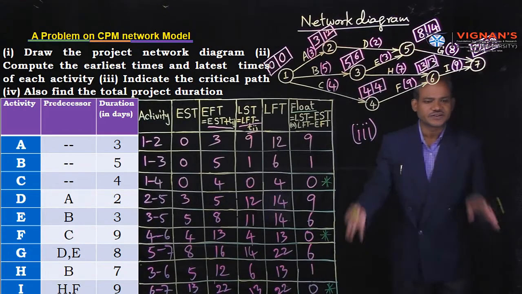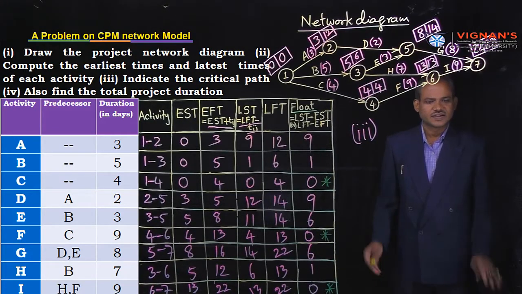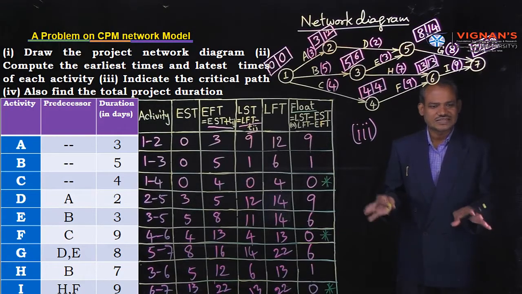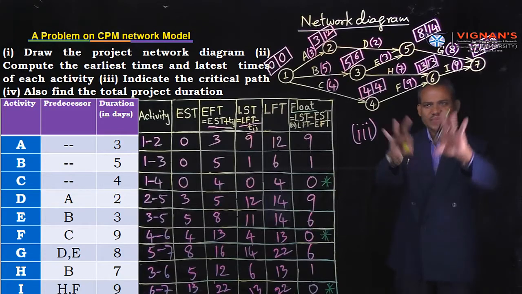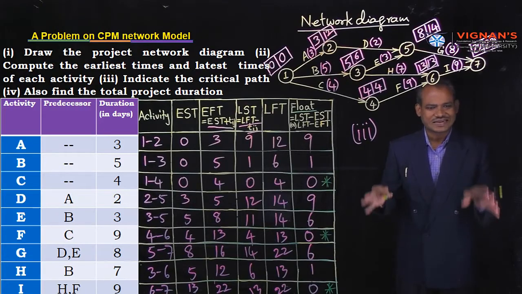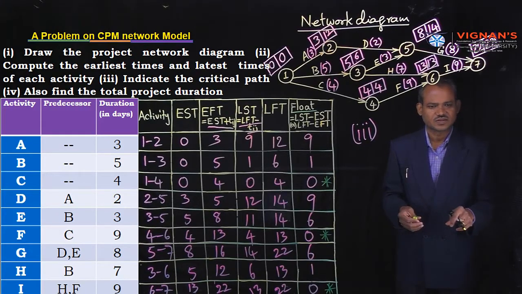What do you mean by critical activity? Critical activities are the activities which, if you delay them, the entire project duration changes. Those activities are known as critical activities. For critical activities, total float is equal to 0.